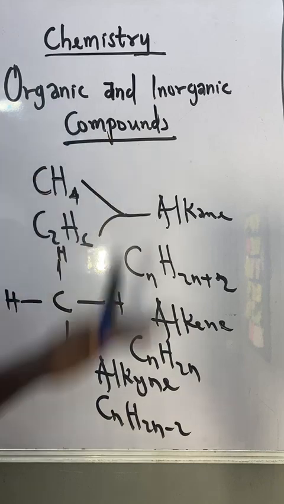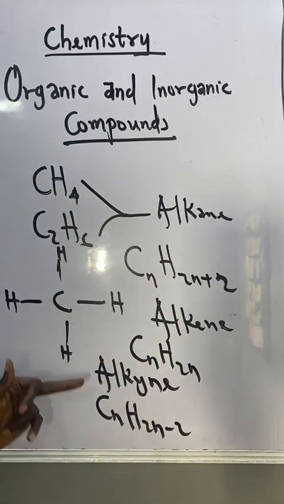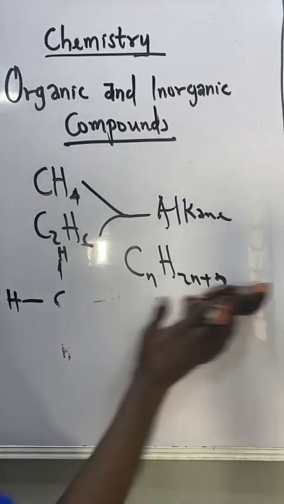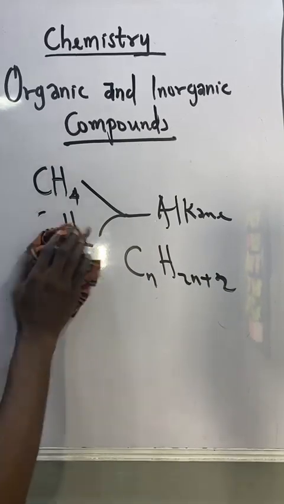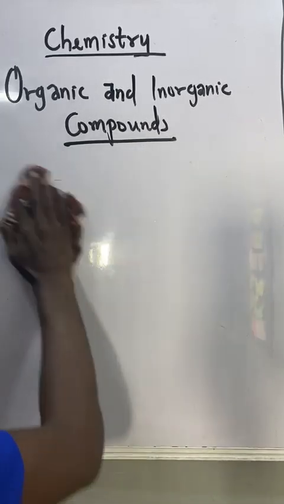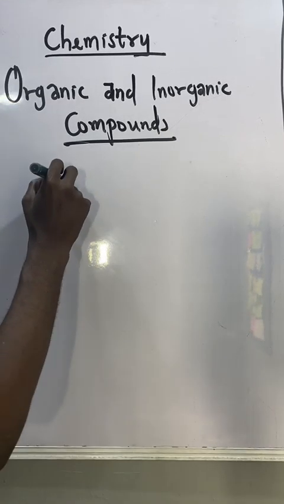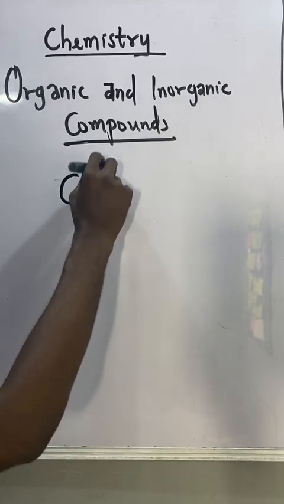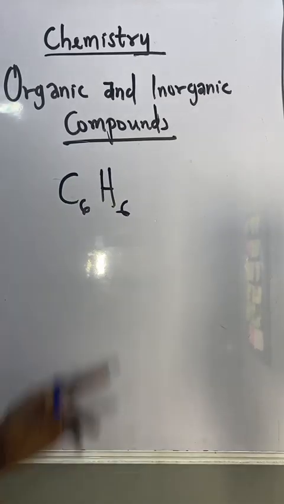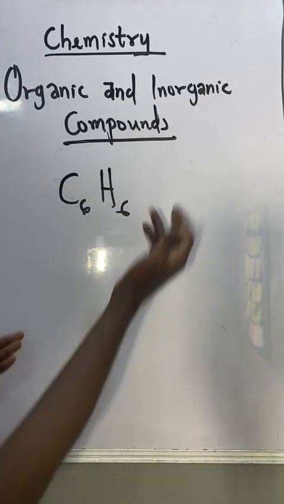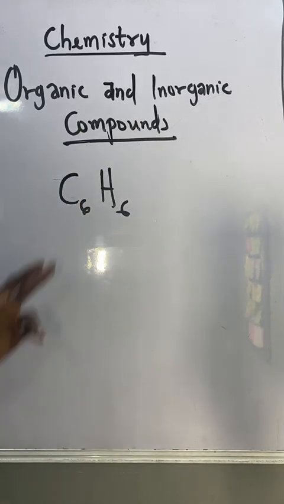In short, alkane, alkene, and alkyne are called hydrocarbons. And they are called aliphatic hydrocarbons because they form straight chains, just like I represented it now. Then we also have the aromatic hydrocarbons like benzene, which is C6H6. This is also a hydrocarbon because there is a carbon-hydrogen bond in the bonding of benzene.